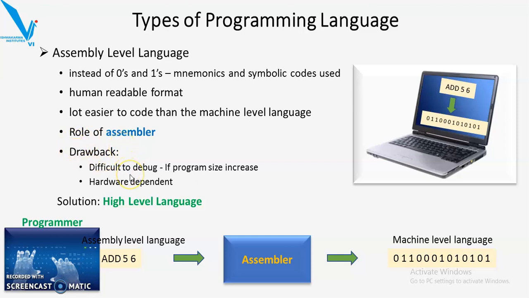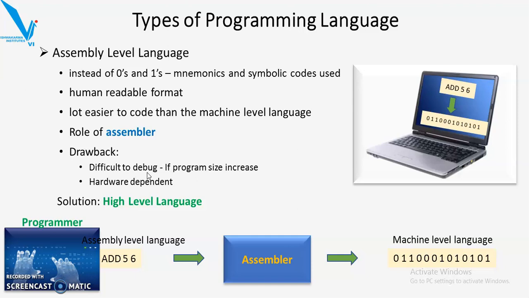If the program size increases, then it is very difficult to spot the errors and it's very difficult to debug. As assembly level language is also hardware dependent, code written on one type of computer cannot be executed on another type of computer which has a different architecture than the previous one.